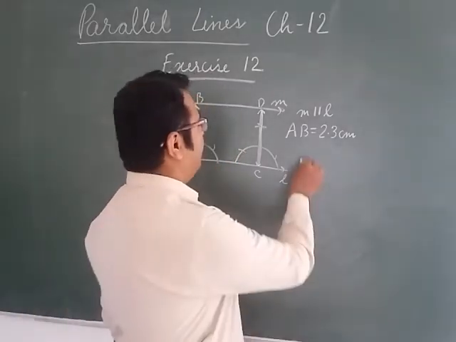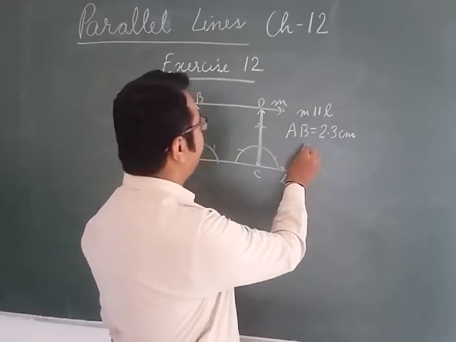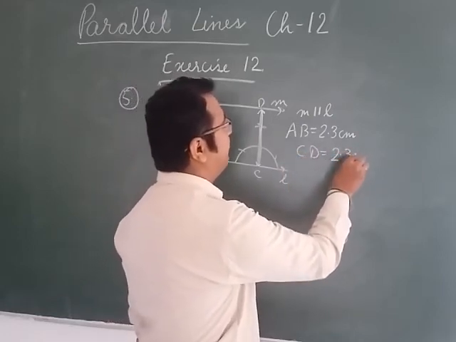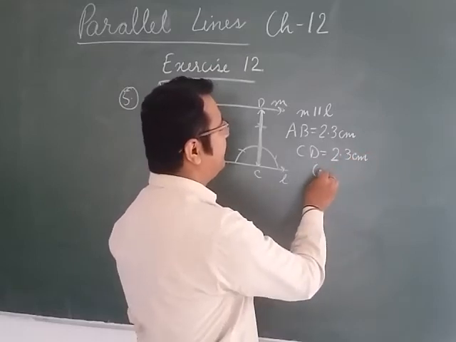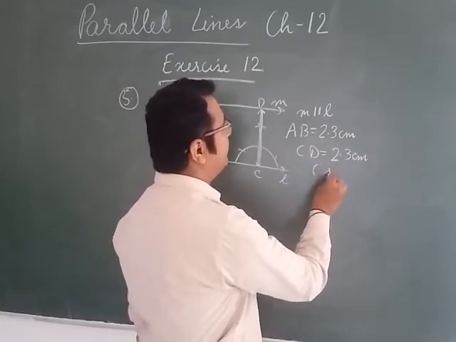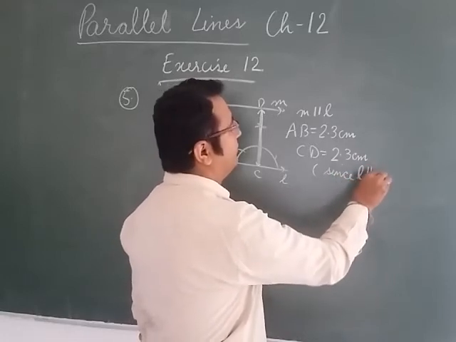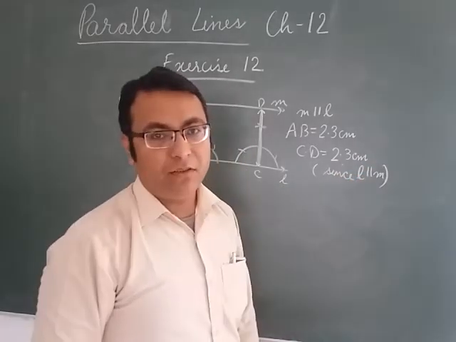So since AB is 2.3 centimeter, therefore CD will also be equal to 2.3 centimeter. What will be the reason? Reason will be since L is parallel to M.